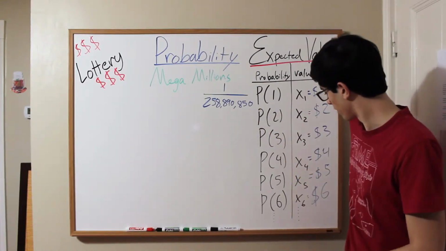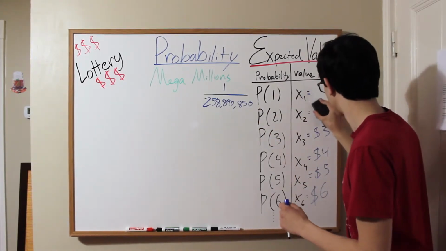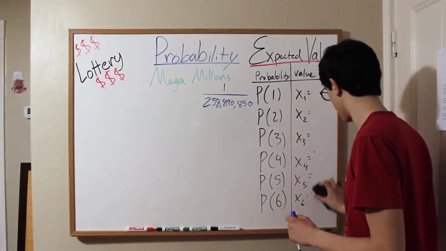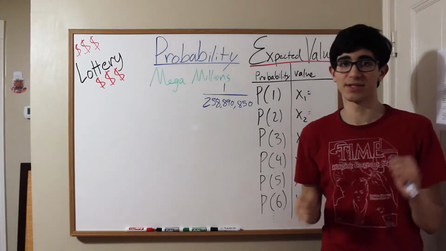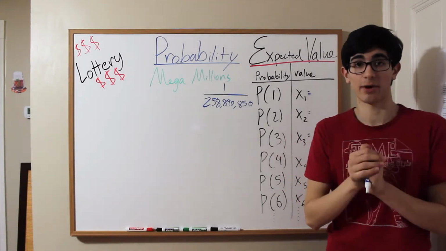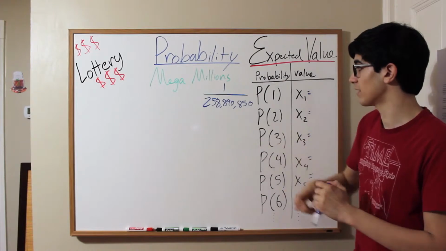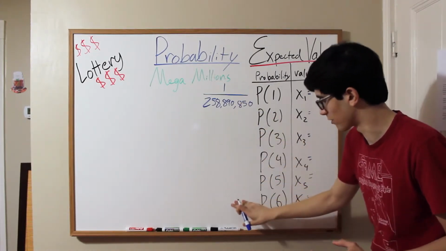Now, the value in one of the highest record lotteries ever, Mega Millions, was $636 million. So a $638 million jackpot. Multiply that by 1 in 258 million and all the other probabilities.